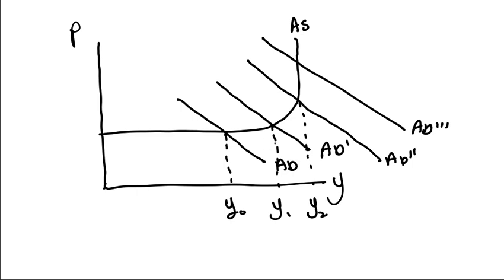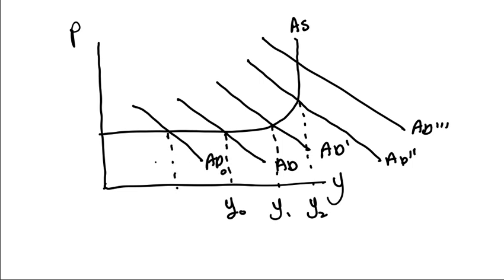Now, let's start with AD. So AD is here, with the current income. Therefore, AD here is in the range of the horizontal AS curve. Just imagine if we have a shift in AD to the left, let's say from AD to AD naught.